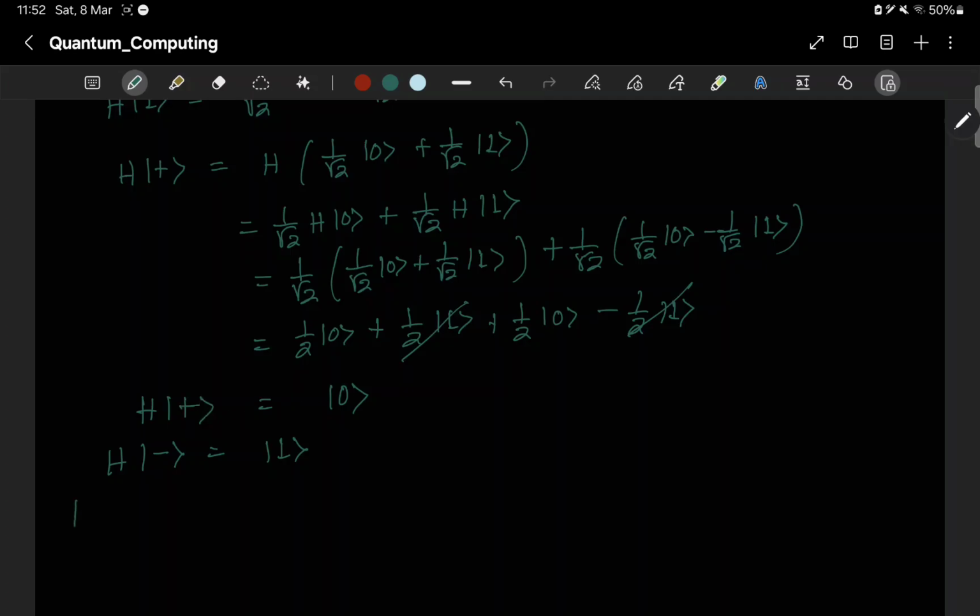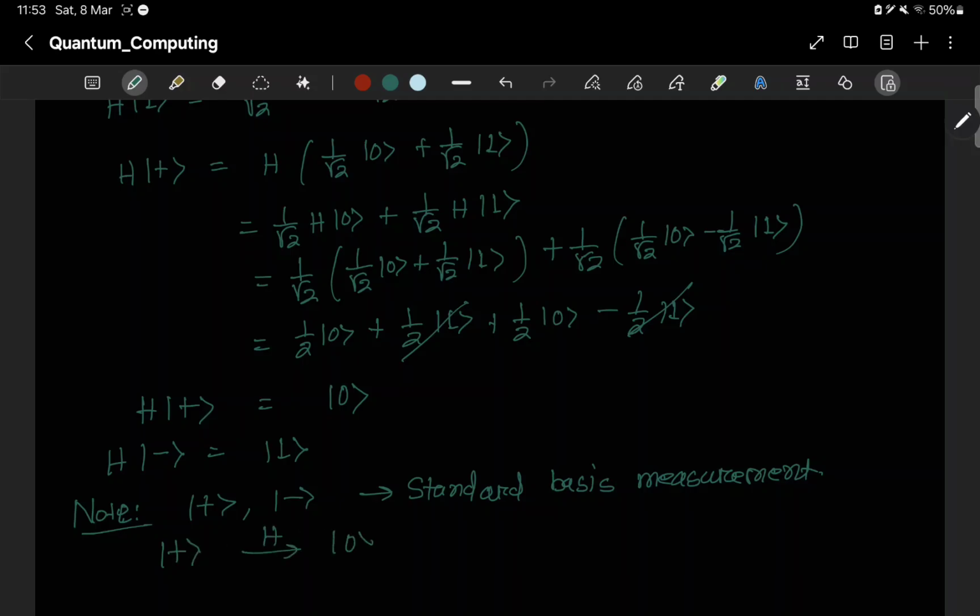So one important thing to note here is that earlier we discussed that measuring the plus state and minus state directly in the standard basis measurement, we are not able to distinguish between these two states, right? But now let's say you have a plus state and you apply the Hadamard operation, you get a zero state.